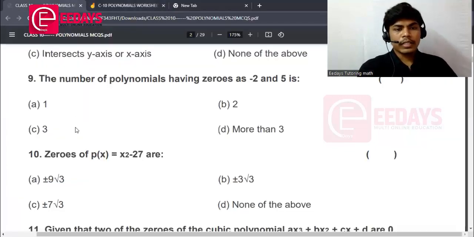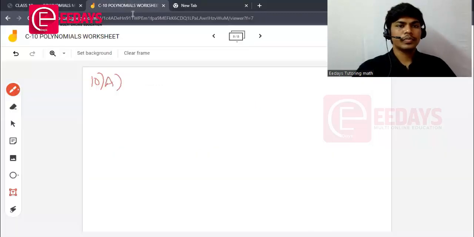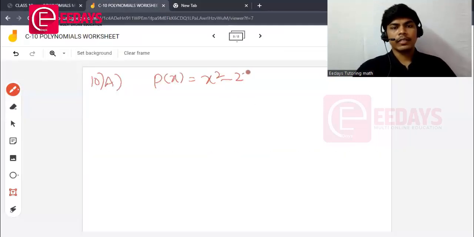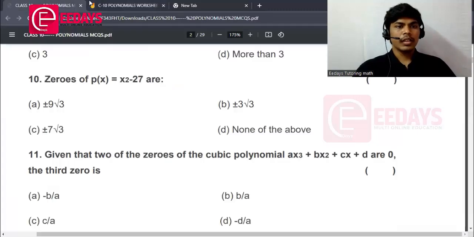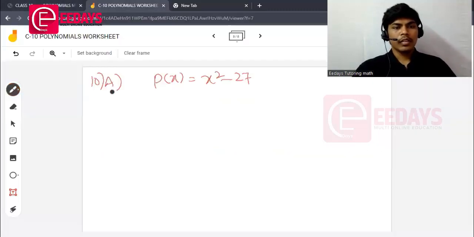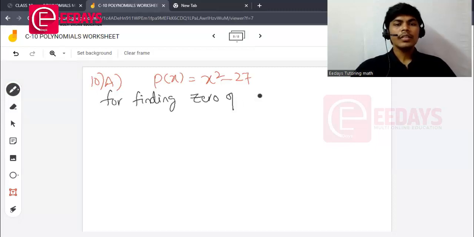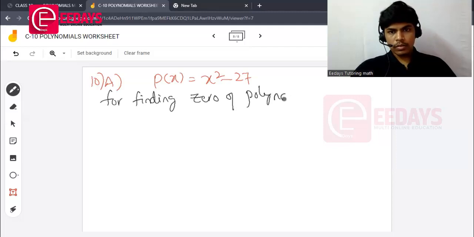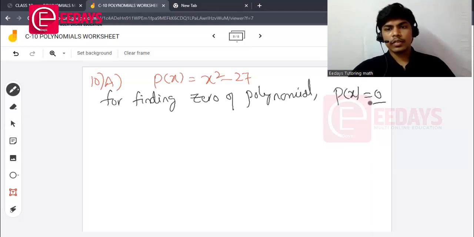The zeros of p of x equals x square minus 27 is. Very important question. First of all, the polynomial equation x square minus 27 is given. How to find zeros? Remember everyone, for finding zeros of a polynomial, we should write p of x is equal to 0.